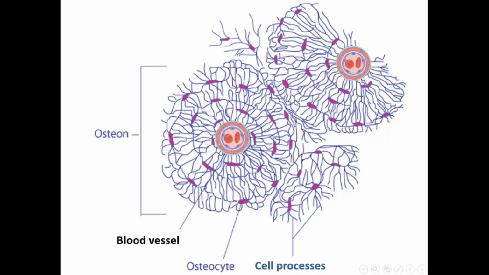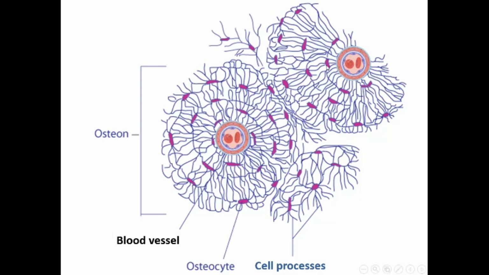So cell nourishment doesn't happen by diffusion. To solve this problem, the osteocyte gives a lot of cell processes, these extensions.